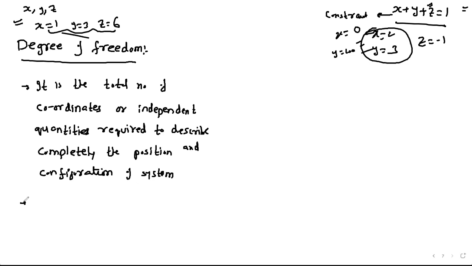You can also define it as the number of independent ways in which the system can absorb energy.